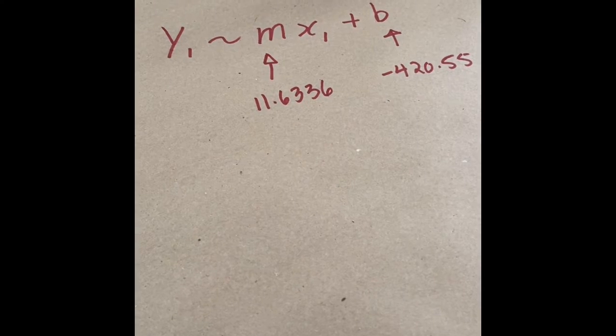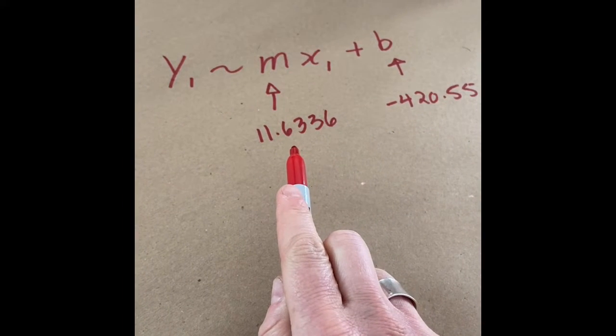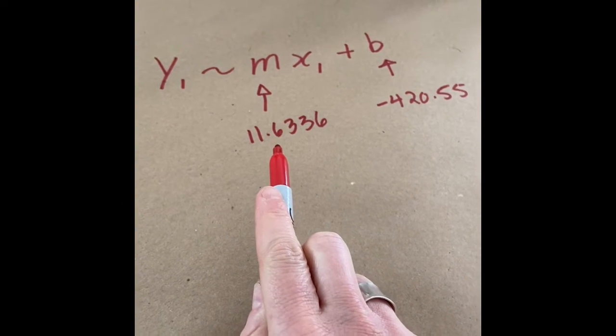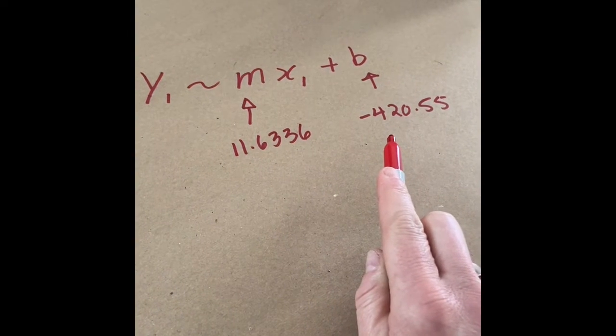And what Desmos tells me is that the equation has a rate of change, or a jumping number, of 11.6336 and an initial value of minus 420.55.